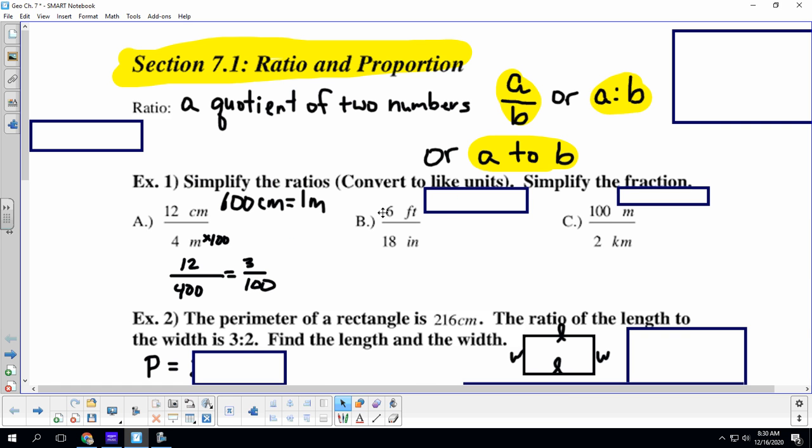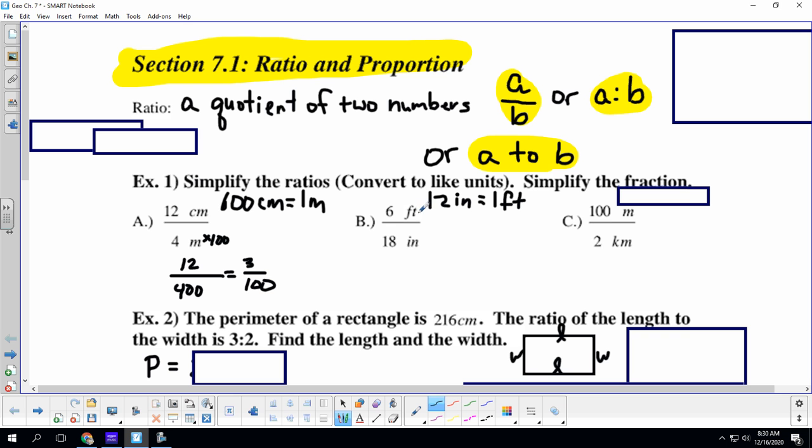All right, next one, 6 feet to 18 inches. Remember, there are 12 inches in 1 foot. So we take our feet and we times it by 12. 6 times 12 is 72 over the 18. We need our units to be the same. So we can't go feet over inches. It has to be inches over inches.